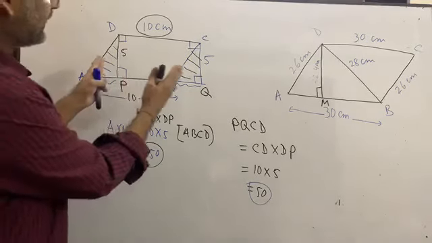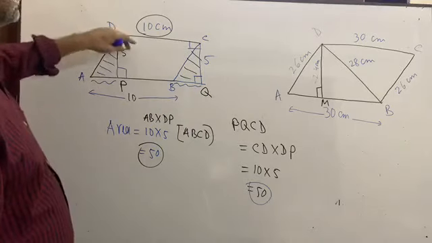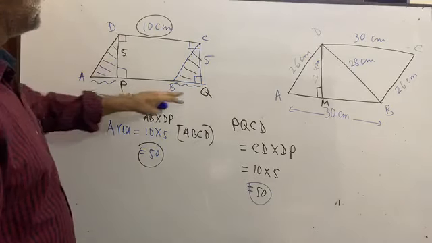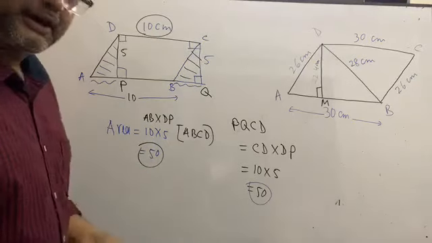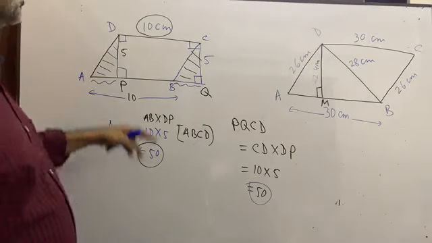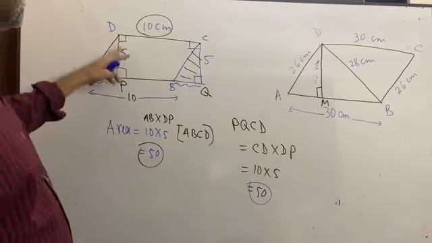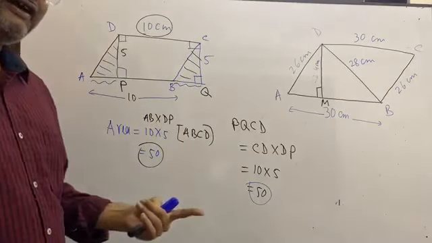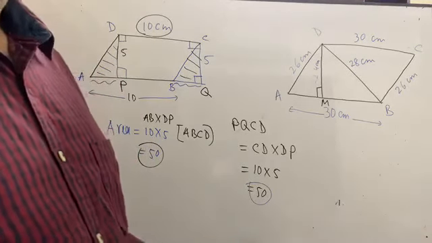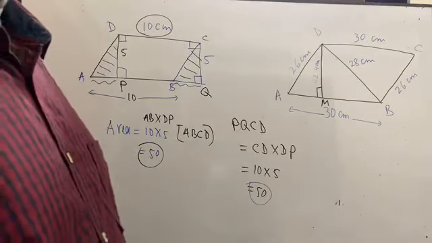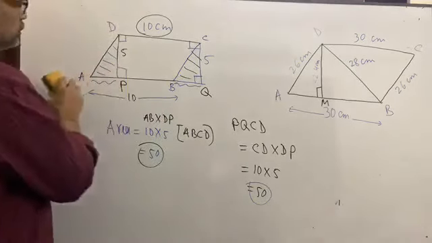Now if we make it a rectangle, then we will get DPQC as a rectangle, and area of a rectangle is length into breadth. So what is the length? 10 is the length. And what is the breadth? 5 is the breadth. So area of those two quadrilaterals are equal. Anyway, now go to question number C.